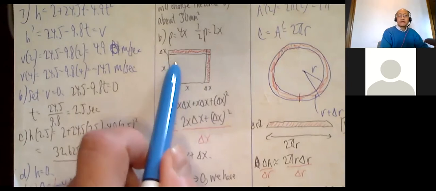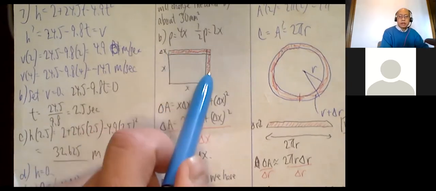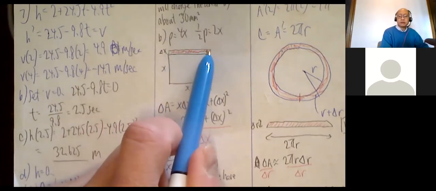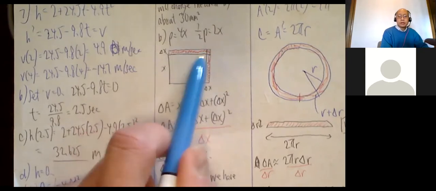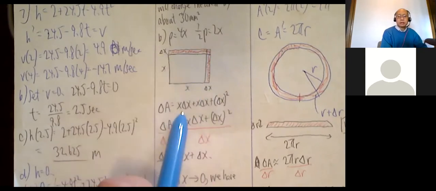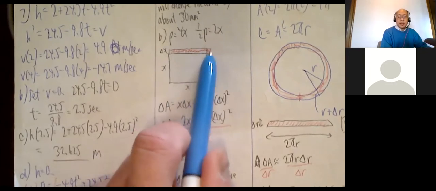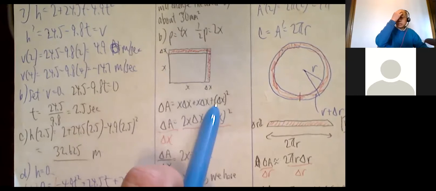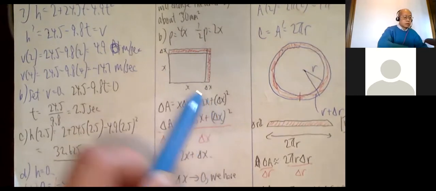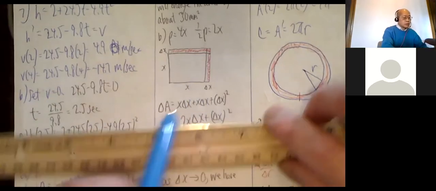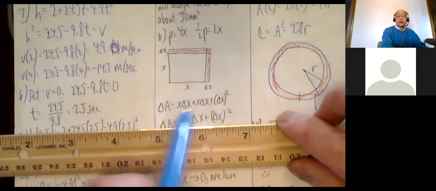Okay, so it looks like I have 3 rectangles, this one, and this one, which is actually also a square. So this is x by delta x. Here's another x by delta x. And this is delta x by delta x, or delta x squared. Which means delta A is 2x delta x.